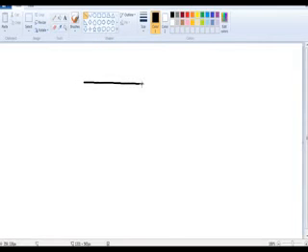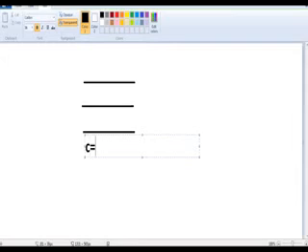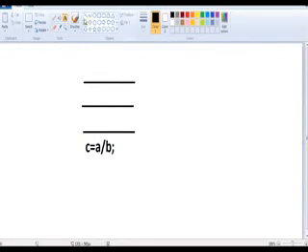Program is nothing but a set of instructions. This is the first instruction, second instruction, third instruction. I have written the fourth instruction like this, for example, C equals A by B. Next instructions also I have written, fifth one and sixth one.